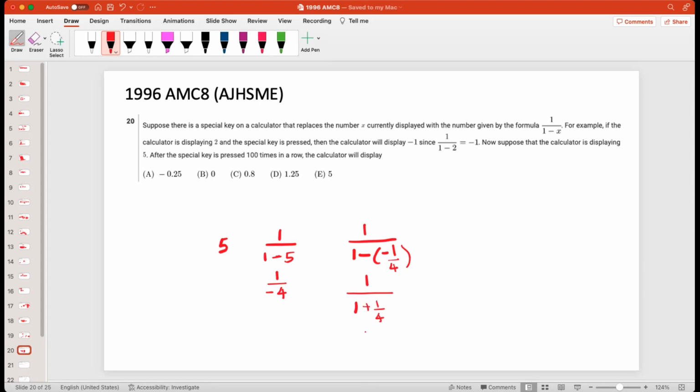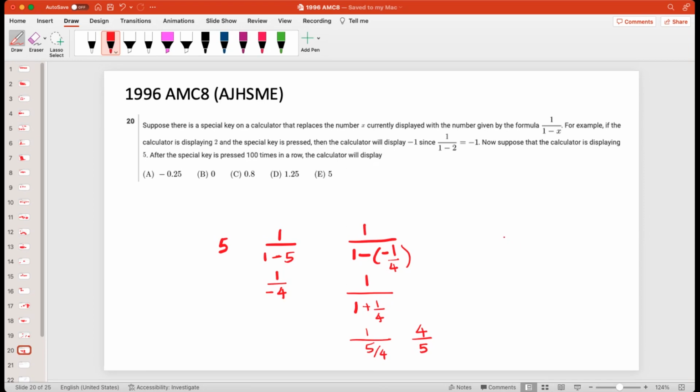Okay, this is nothing but 1 by 4 will be the LCM, so it will be 4 plus 1, 5 by 4, correct? This is nothing but 4 by 5. Okay, so first press it's going to show minus 1 by 4. In the second press it's going to show 4 by 5.